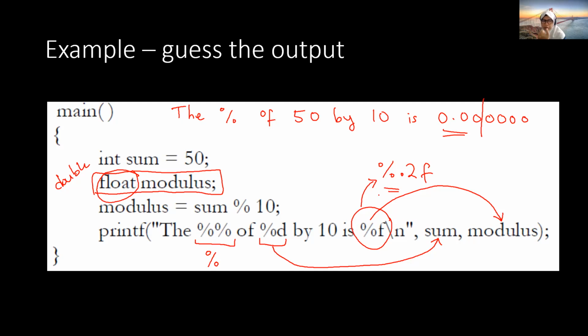Please be careful, because in most cases I've seen people use integer as their data type, but when they do division, the output will be wrong, because the integer doesn't take into account the decimal numbers.